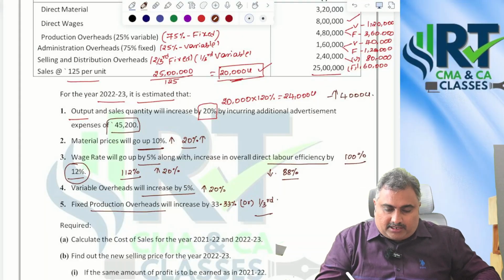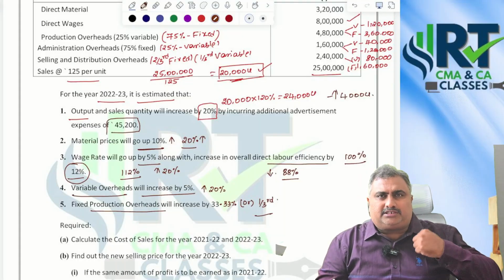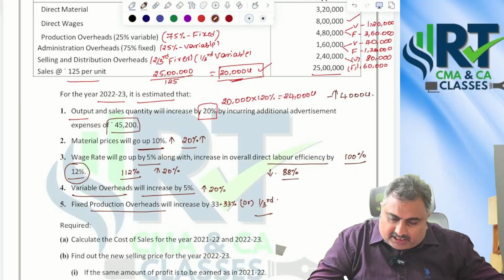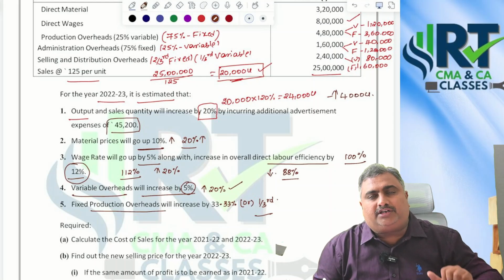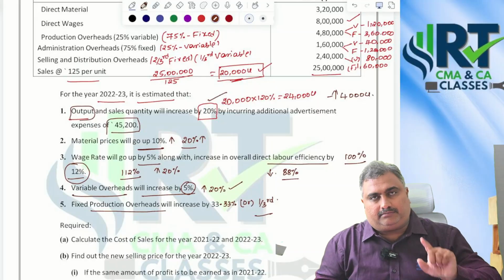Sir, if you understand, the variable overheads they are using, that means variable production overheads, variable administrative overheads, variable selling overheads, everything will be increased by 5% in addition to 20%. Why in addition to 20%? Because output increases by 20%, that's the reason.